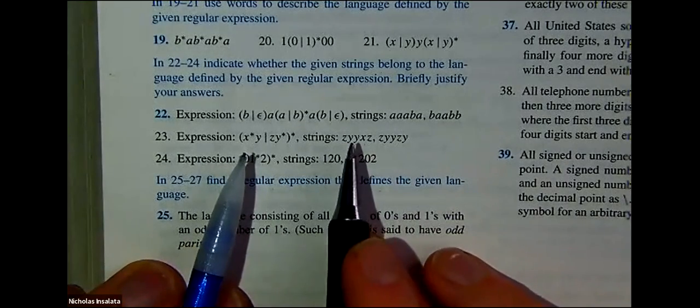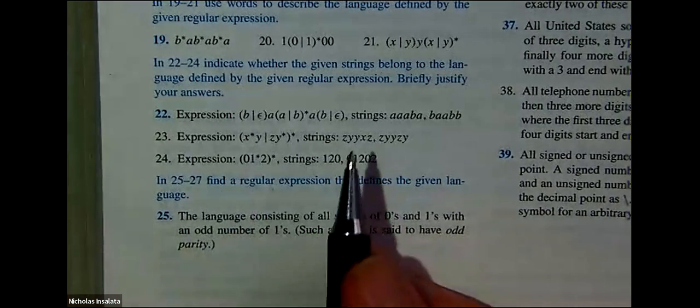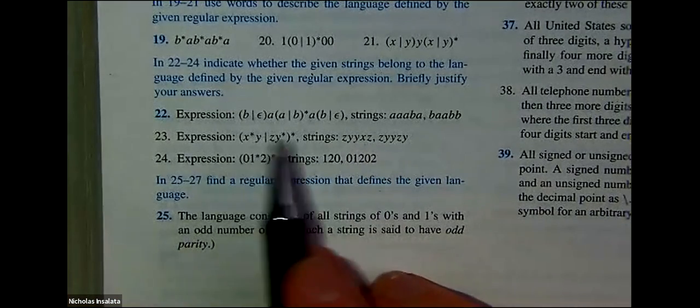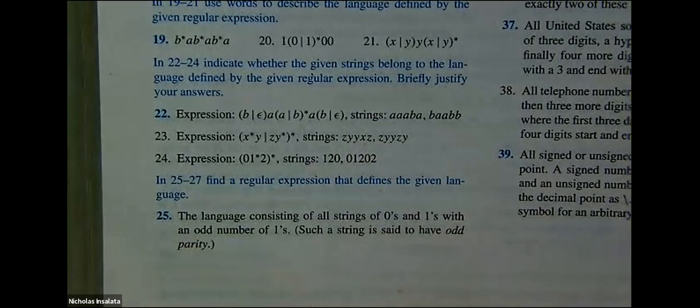So we've got z, y, y, x, z. Is this one generated by the regex? No. Okay, why not? Can't have y, y. Well, I think you could have a y, y, right?